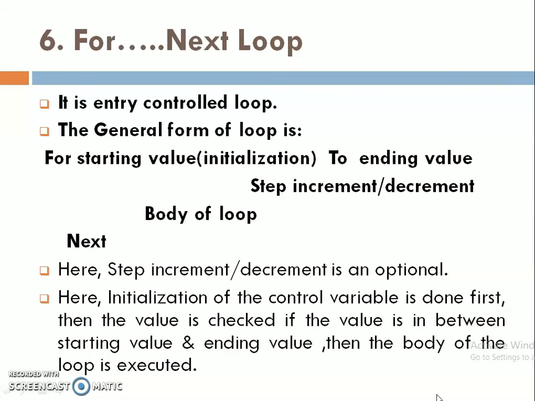This process of repeated execution continues until the value of the variable goes out of the range of starting value and ending value. If the step increment or decrement is not given, then it is assumed to be an increment by 1. Now see the example of for next loop.